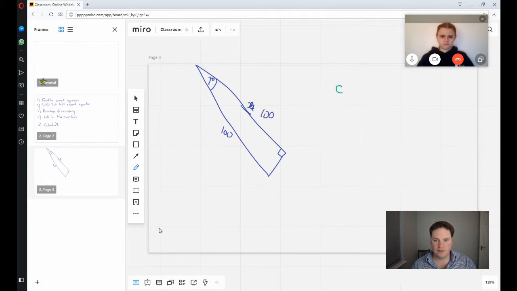But the first stage anyway is doing the cos thing. It's fine. Seven, 3, 1. Adjacent.